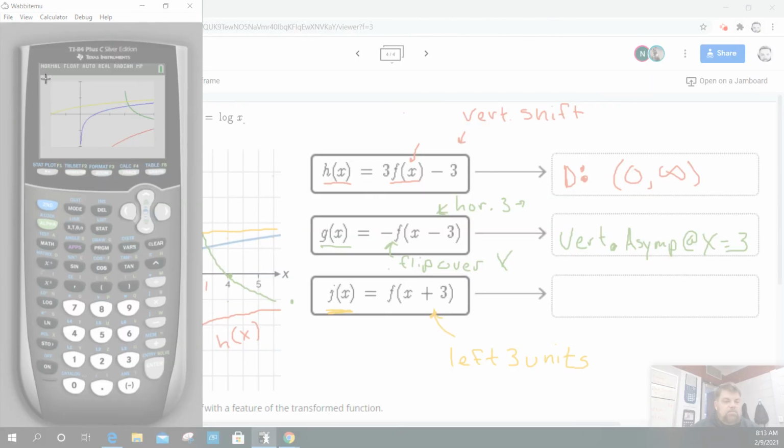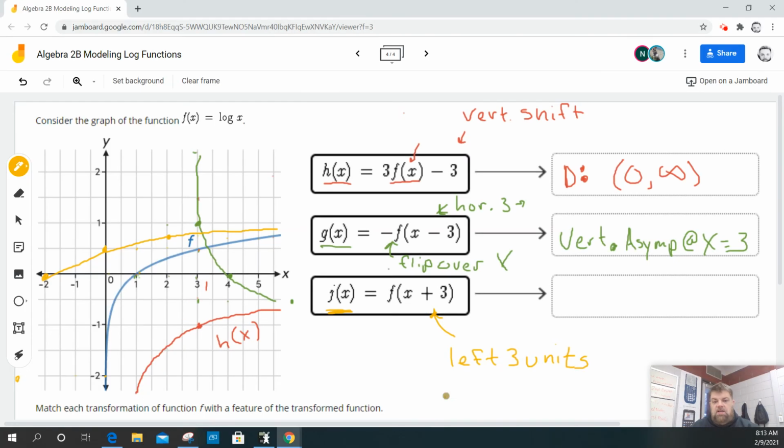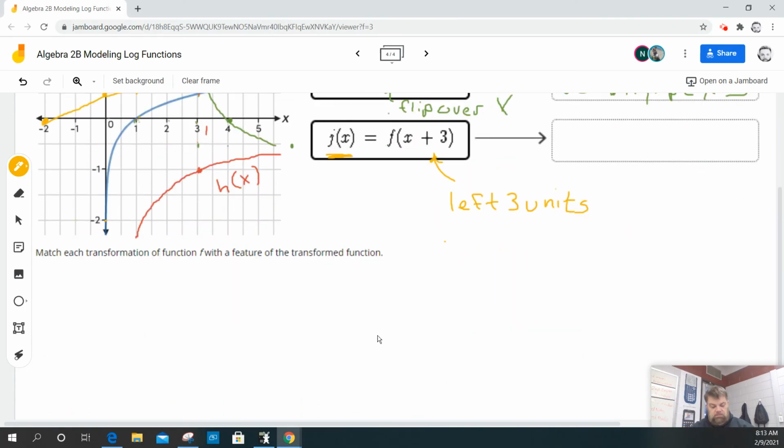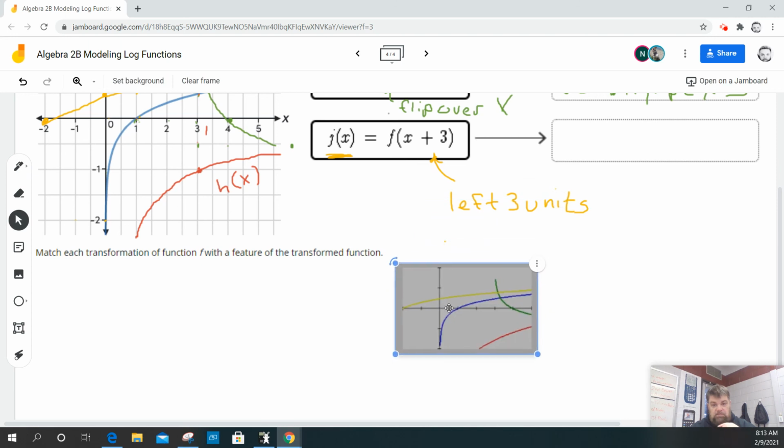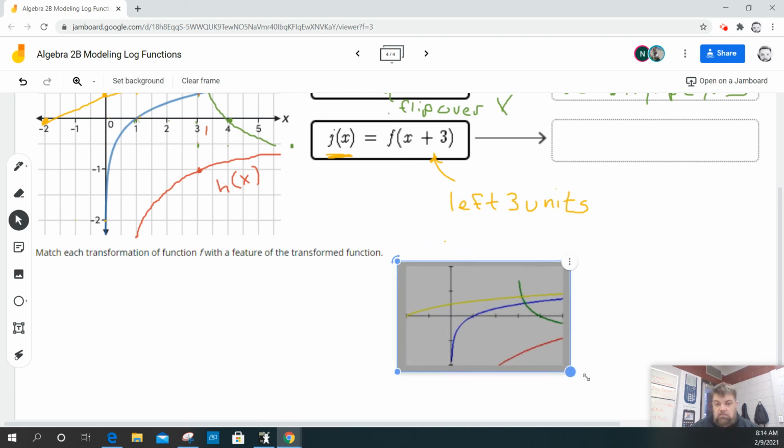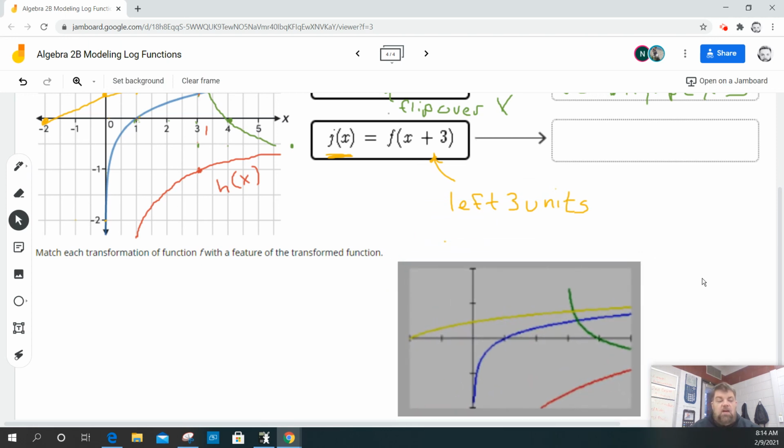Then what property is that going to have? Well, that's just going to have an x-intercept of -2, -2 comma 0.